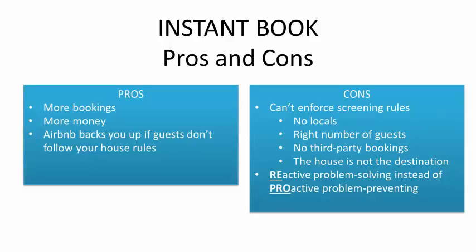First of all, you can't enforce your screening rules. What I teach in the course, B&B Freedom Formula, is that in order to avoid headaches, from my experience, we don't allow locals, people who live within 45 minutes of our house, because they already live here. Why do they need to stay at my house? A lot of times people will book and put in one guest, but then 5 or 10 people show up.